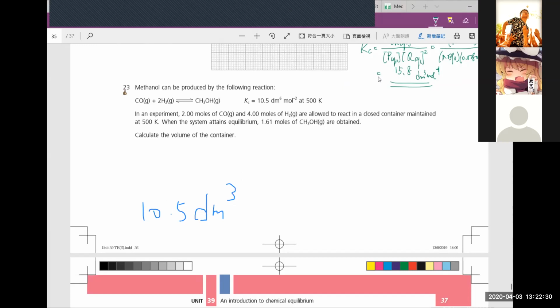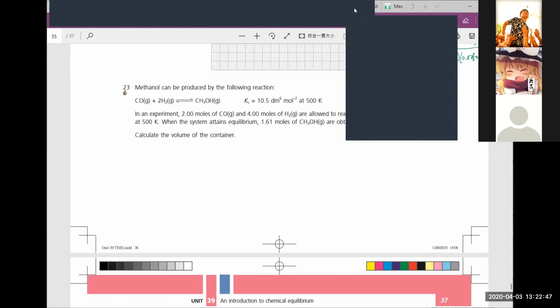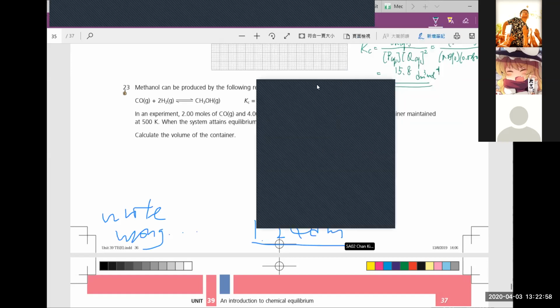The volume of the container for 23, some of you will mark it as 10.5. Any other answers? 10.5 dm3. It's 1.24. Yes, that's right. It's 1.24.